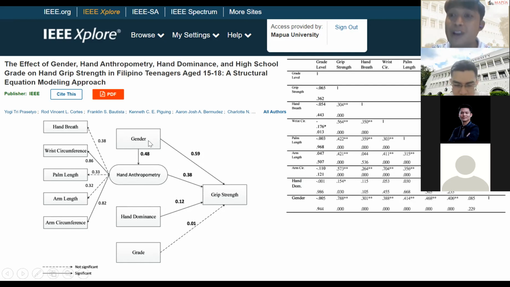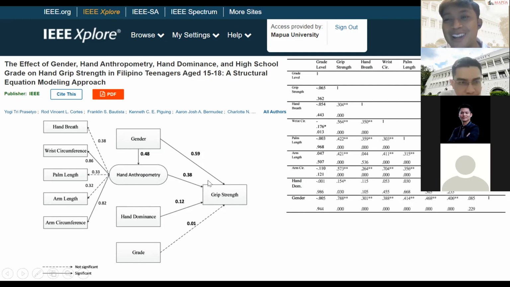So there is an effect of gender itself. The story of this one is very clear, right? Although male and female have the same hand size, male is still stronger.